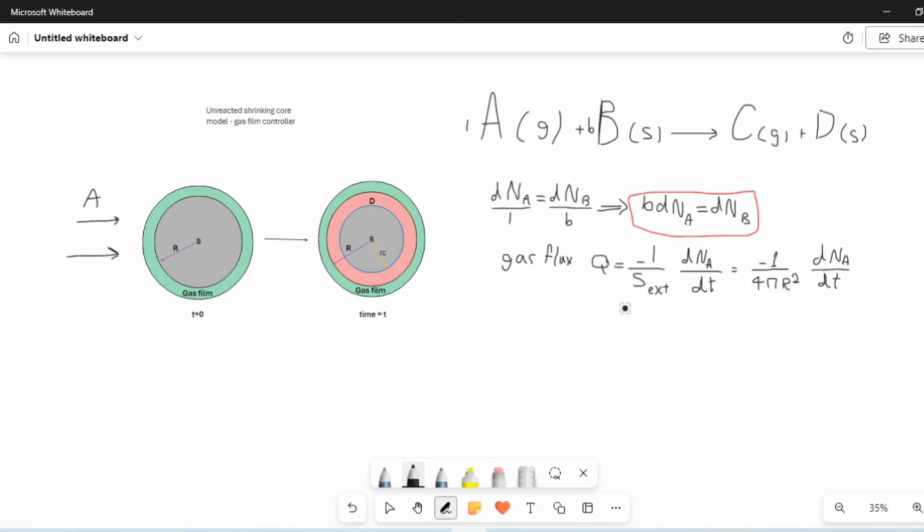We can also express the flux in terms of mass transfer coefficients as Q equal to kg multiplied by the concentration of the gas film minus the concentration at the surface of the pellet.